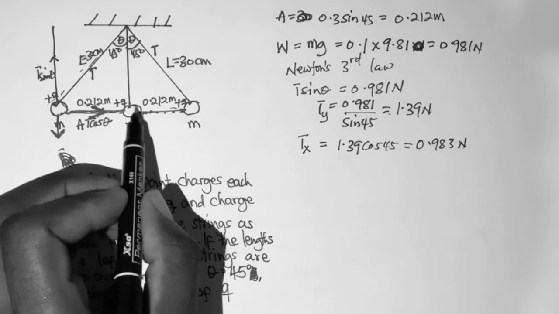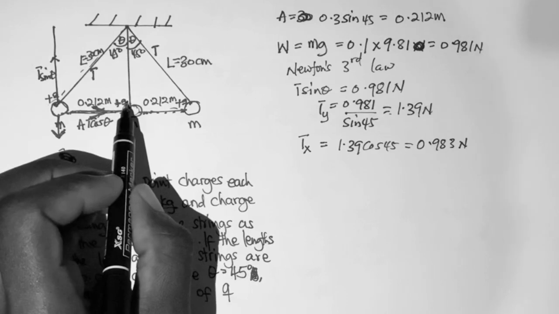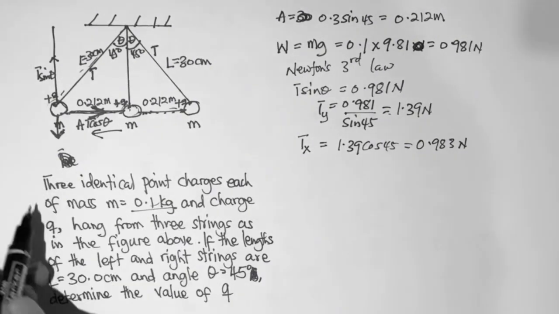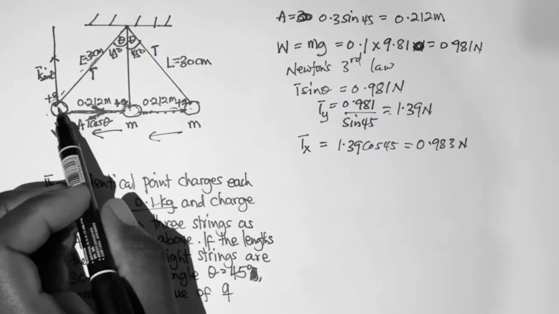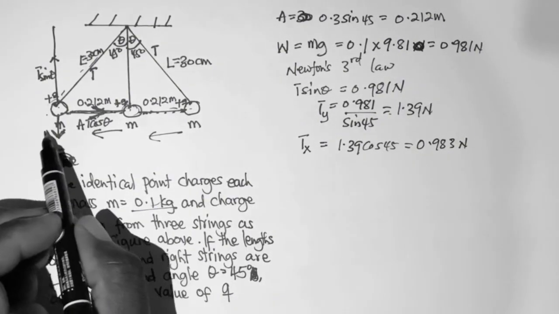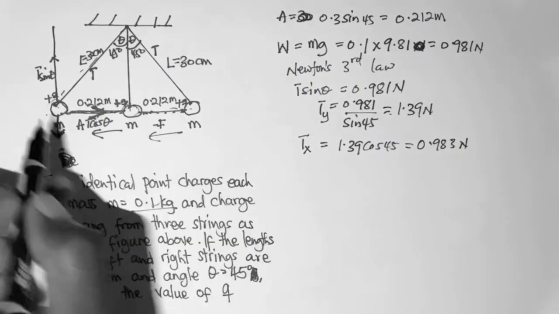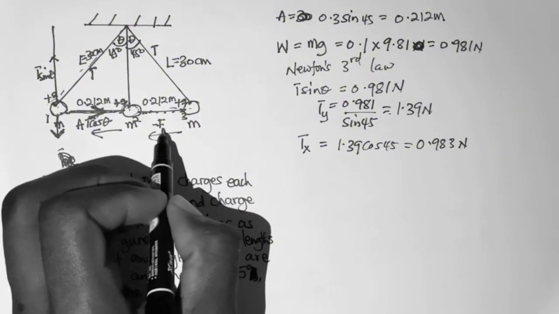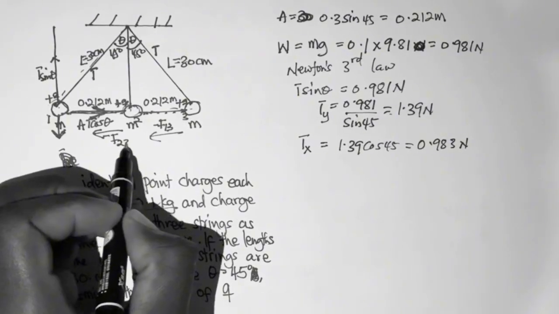You can see that the charge here is positive and the charge here is positive, so there is a repulsive force between this charge and this charge. There's also a repulsive force between this charge and that charge. Now you see that they are going in the negative x direction, so this is minus F. Let's say here is 1, 2, and then 3. So here is minus F13, and this one too is minus F23.